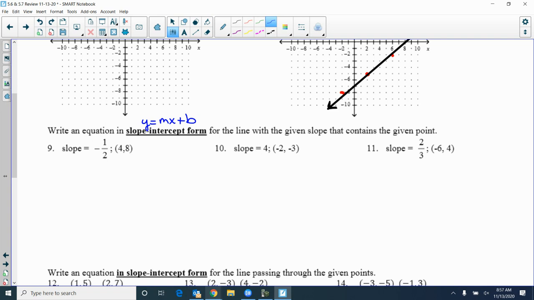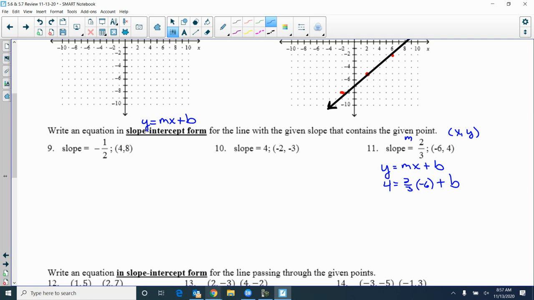Josh? You put the 4 equals 2/3 times -6. Okay, we're going to start with that general form, and this is in the form x, y. Our slope is the m. So the y is the 4, m is 2/3, x is -6, and then we have plus b.